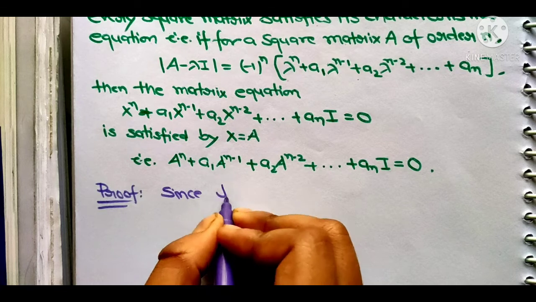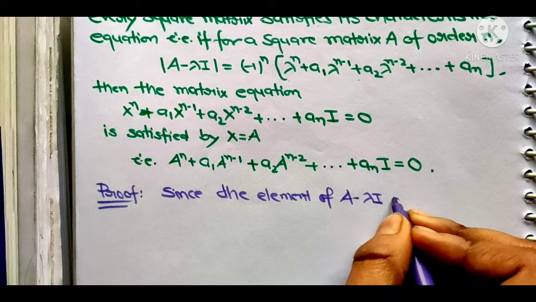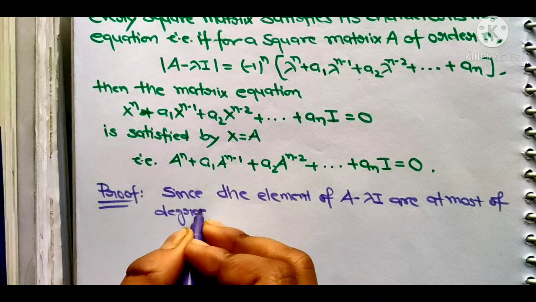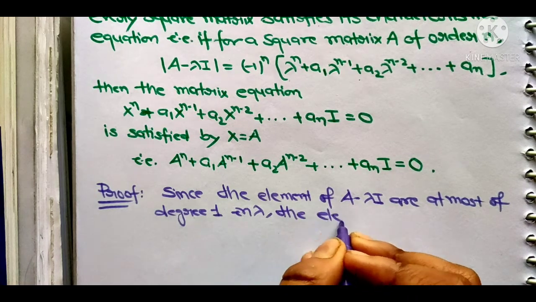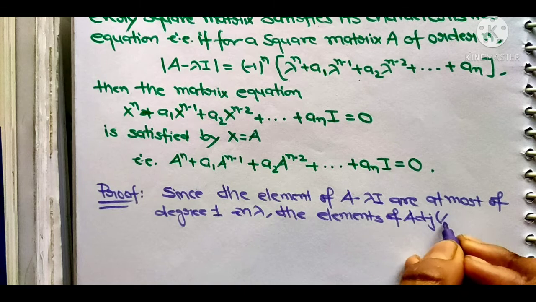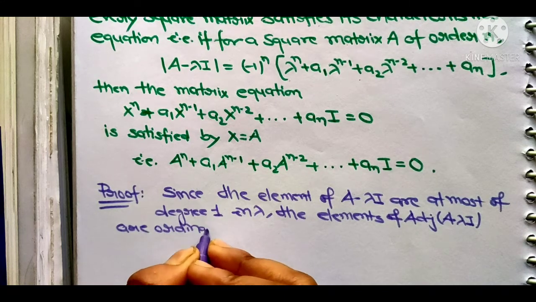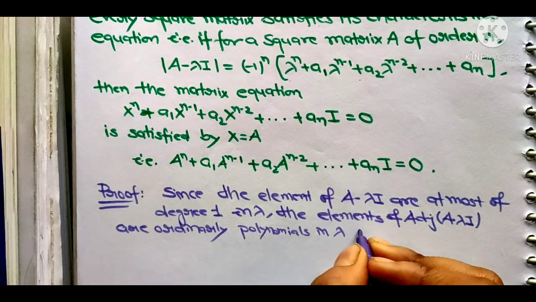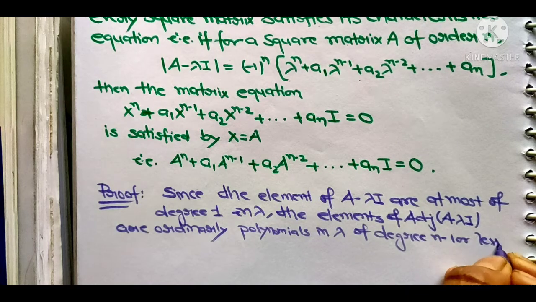Since the elements of A minus lambda I are at most of degree 1 in lambda, the elements of adjoint of A minus lambda I are ordinary polynomials in lambda of degree n minus 1 or less.